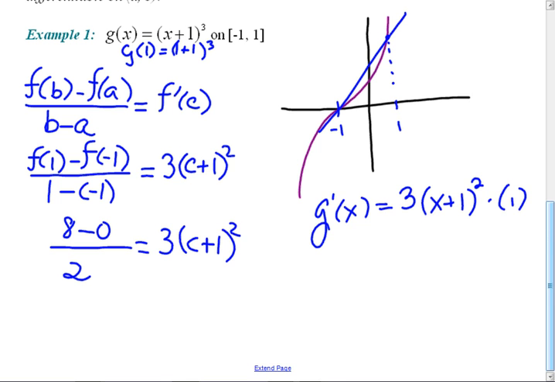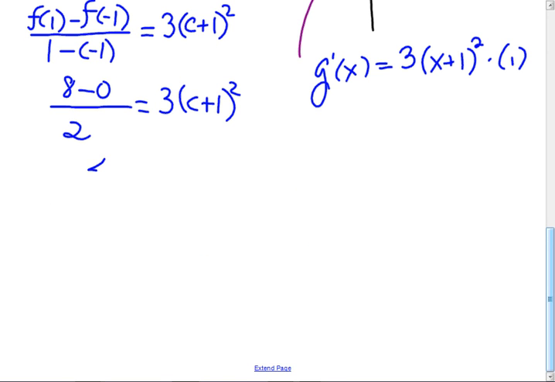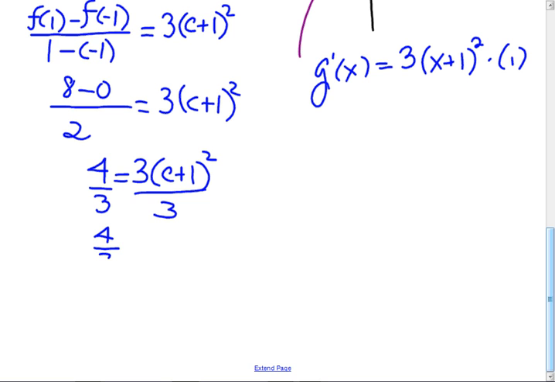Now, I don't know if you know what to do with this. You could multiply that out and then use the quadratic formula, or you can make this a little easier. Let's isolate the squared factor. Okay, David? I'm going to divide by 3, and then we'll square root.